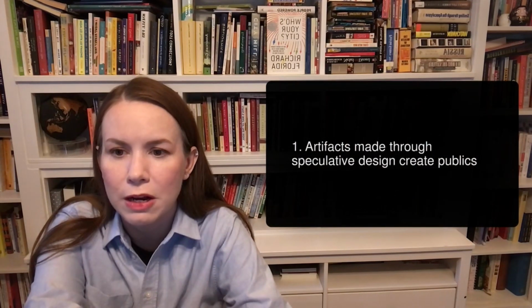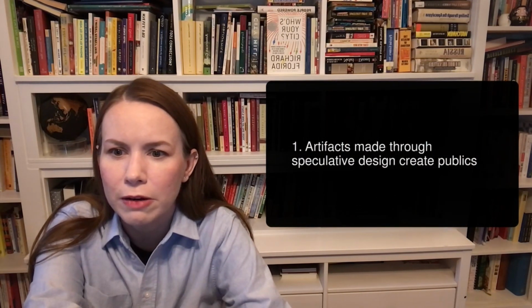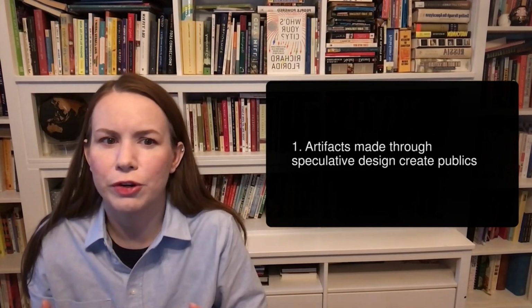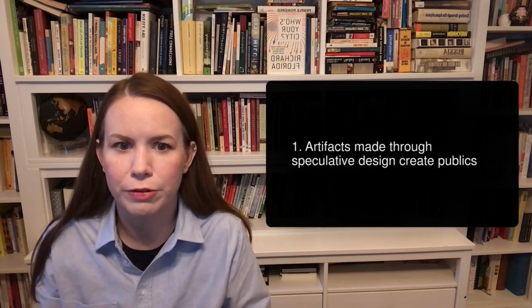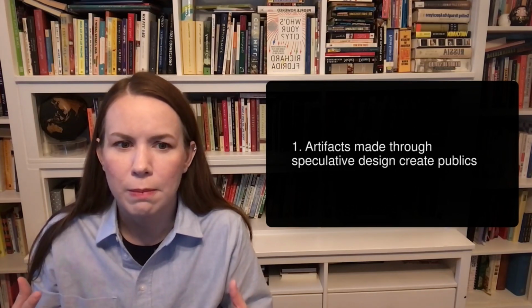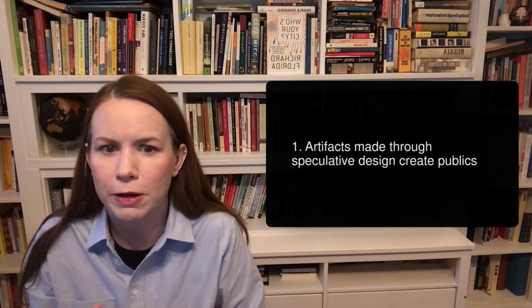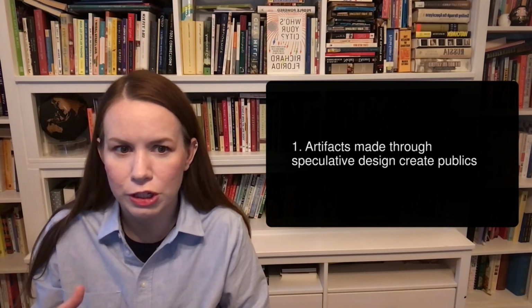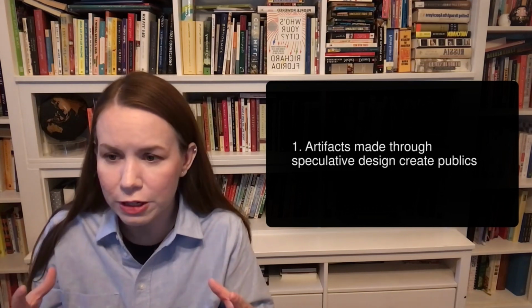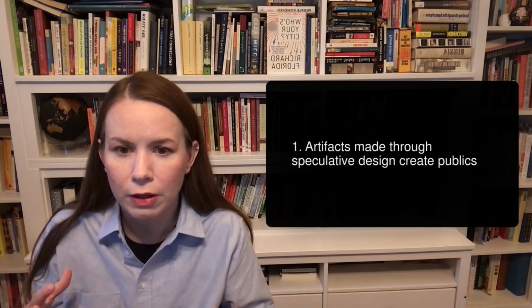And the first one is that artifacts made through speculative design create publics. By this, I mean that you can use AI to create images that draw people together through their shared attention to the text or the photo that you've constructed. And Michael Warner and Jenny Rice both talk about how the creation of publics encourages people to see themselves in an issue and how they're involved in the issue in a very particular way.